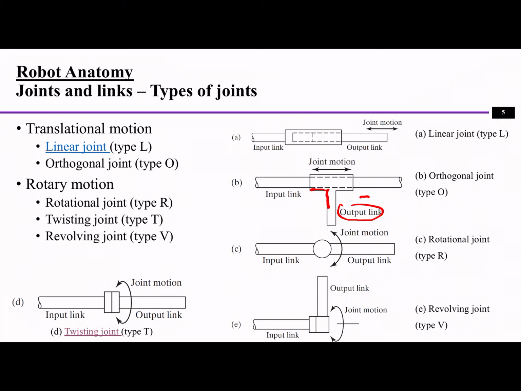And also there are a lot of rotary motions. For example, this type R, which is rotary motion. We have seen that in the prior video. Also, some of the joints are twisting joints. A twisting joint is where you can twist the two links.